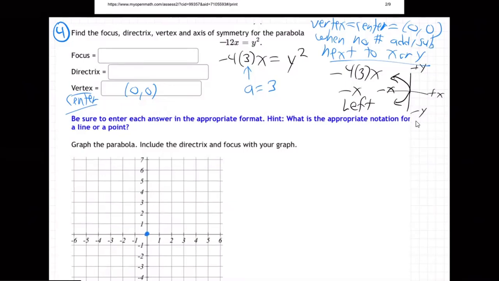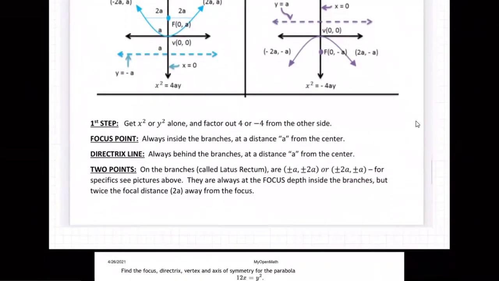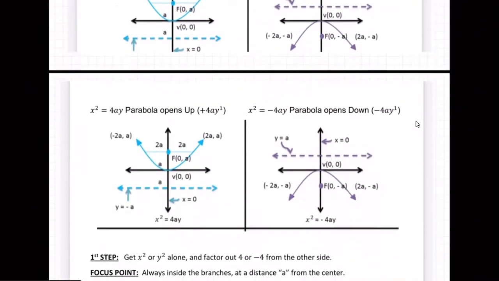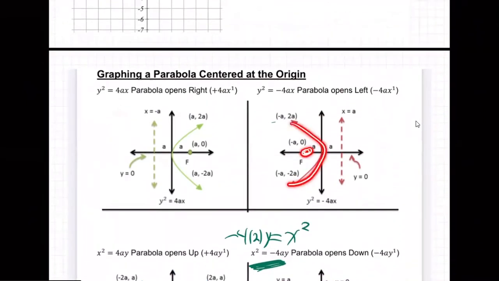And our focus point, now where's our focus point? Well, the notes say the focus point is always inside the branches at a distance a from the center, and the directrix line is behind the branches, a from the center. We said ours is going left. So the focus point is inside the branches, and the directrix line is behind the branches, a distance a.